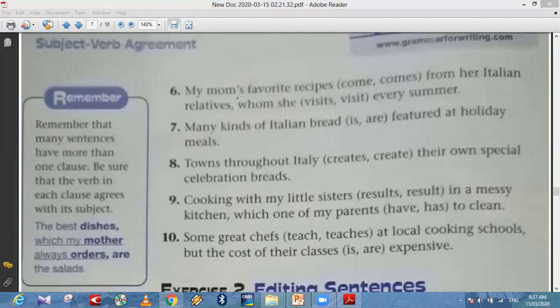My mom's favorite recipes comes from her Italian relatives whom she visits every summer. Okay, first of all, as I told you before, you have to decide the simple subject of the sentence. My mom's favorite recipes. What is the simple subject here? Mom. My mom's favorite recipes.